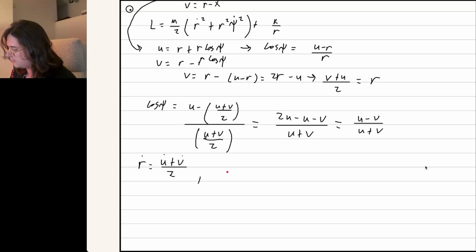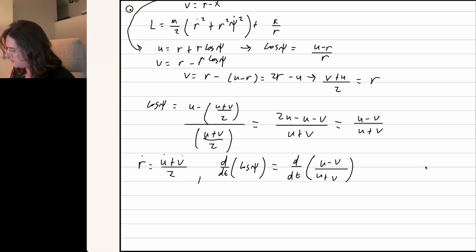So we're taking the time derivative of cosine psi, which will equal the time derivative of u minus v over u plus v. So we'll do a partial derivative on cosine psi and multiply it by psi dot.